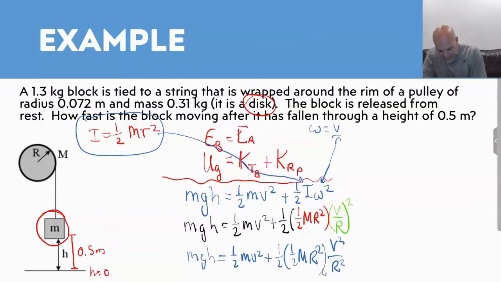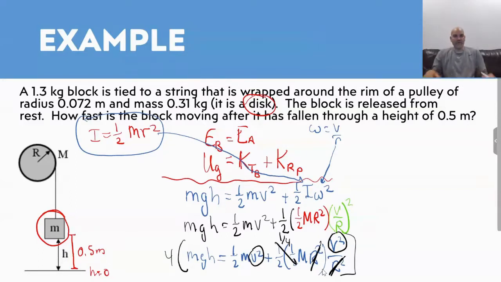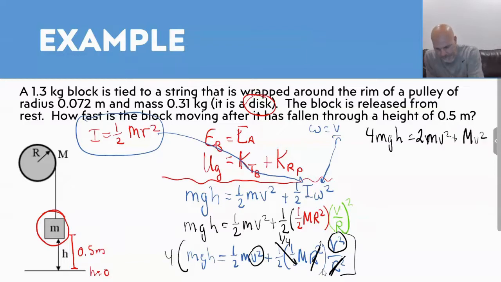Now notice here some things cancel out. That R cancels that R. This v and this v are the same. I have a 1/4. So if I multiply everything by 4, I can get rid of all the fractions. So I'd have 4mgh equals 2mv squared plus big M v squared.